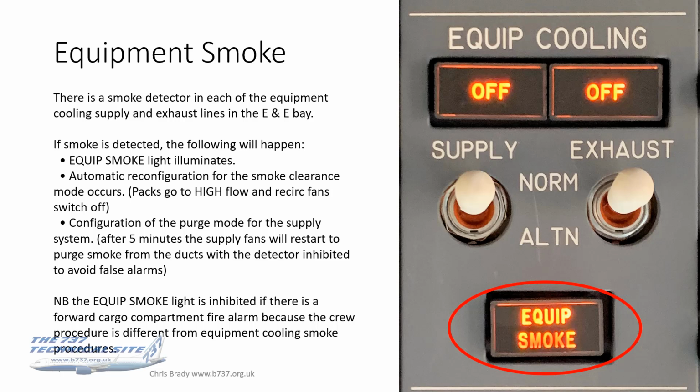So after 5 minutes, after the smoke alarm has gone, so the detection's finished, the supply fans will restart and they will purge smoke from the ducts with the detector inhibited, and that's to avoid false alarms, because you can imagine if there was smoke there and this is just trying to purge the smoke after the source of the smoke's been extinguished, so there's no more smoke being generated, but you've got this smoke in there that you want to just get rid of.